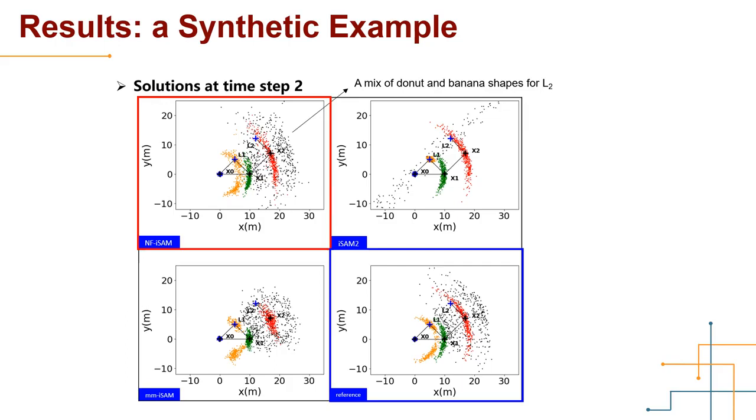It's worth noting that the banana-shaped distribution of X2 will affect L2. Considering the donut shape incurred by a single range measurement, the distribution of L2 should be a mix of donut and banana shapes. Only NF-iSAM solution and the reference solution capture this fact.